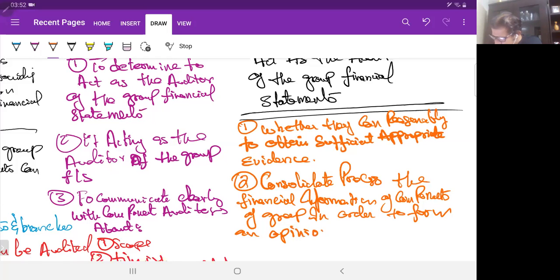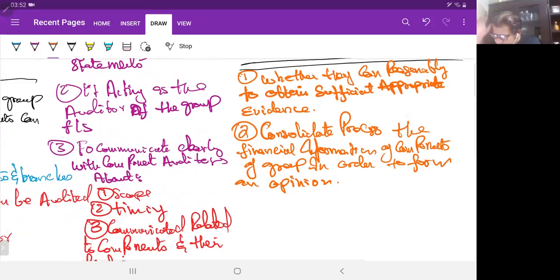Then as part of this process, it is necessary to obtain understanding of the group, its components, and the environment of the components in order to identify significant components of the group, right?